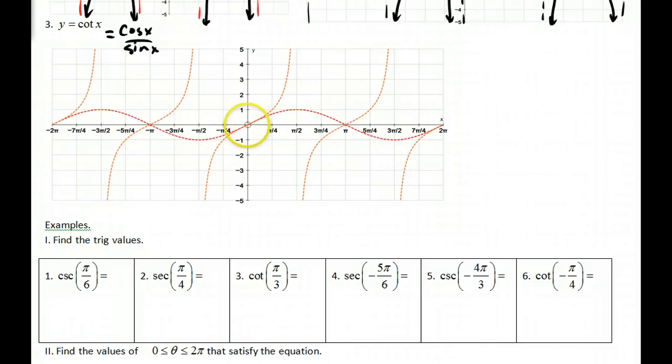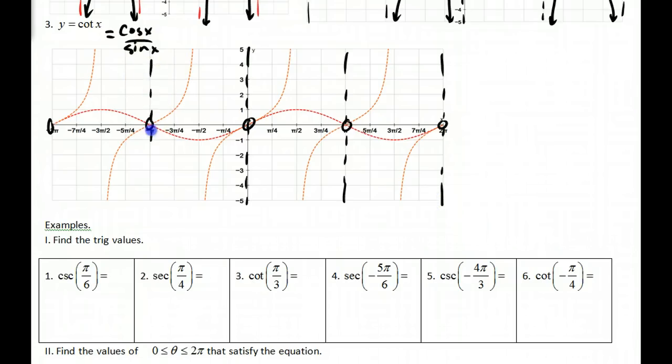So regardless, if you look at the tangent and the sine function, both of them occur at 0 simultaneously, or every time one's a 0, the other one's a 0. So regardless with this, I'm going to end up with vertical asymptotes wherever the tangent's 0 or the sine is 0, because I'm taking the reciprocal of the tangent function.